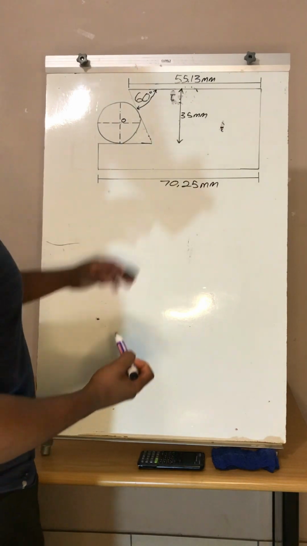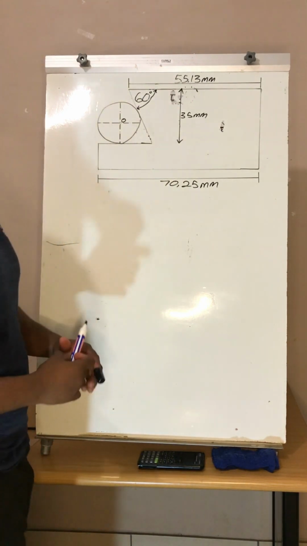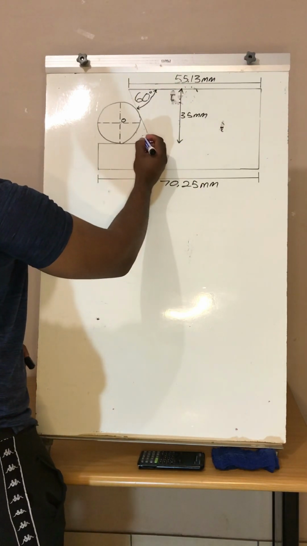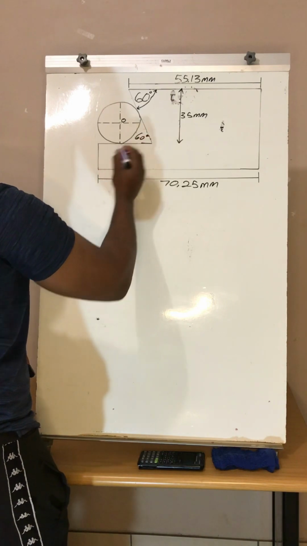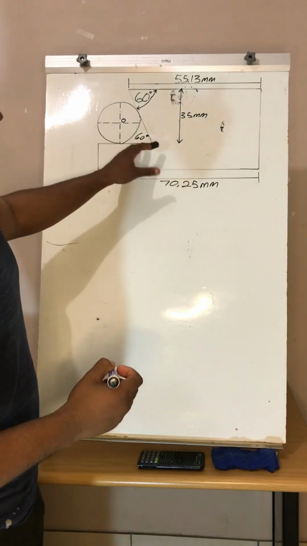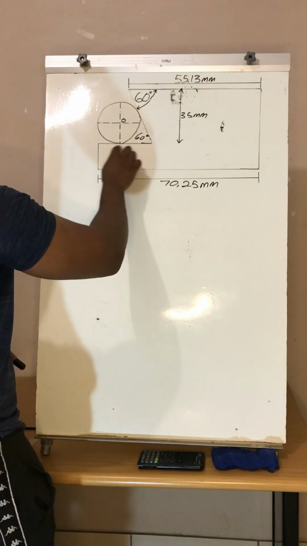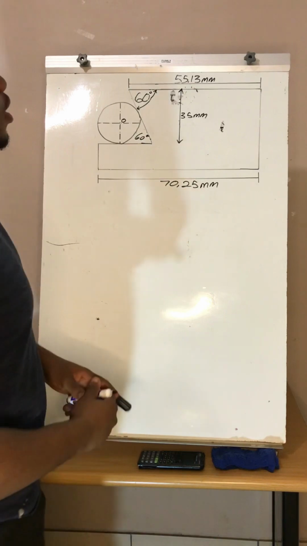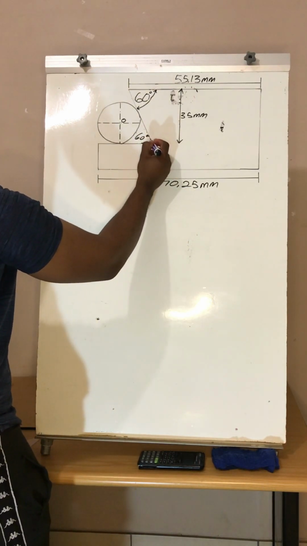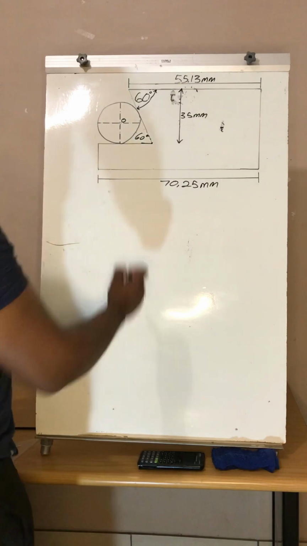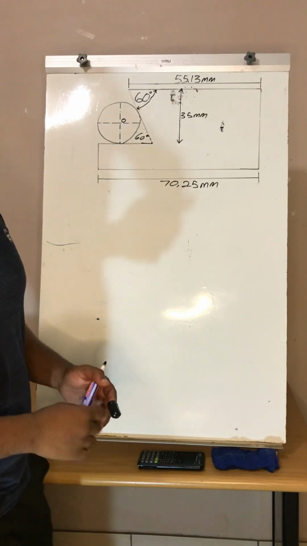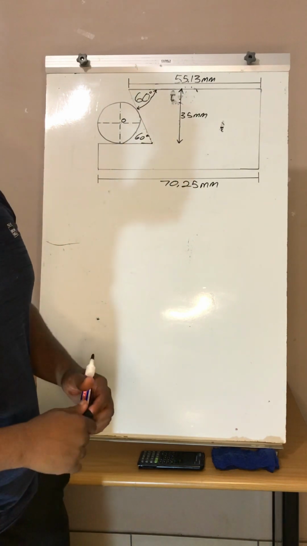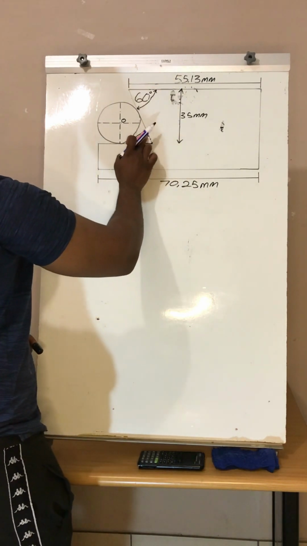Since we know that this and this are the same due to alternating angles, we will say that this is 60 degrees. So knowing that, we know that for two tangents that touch a circle, when you draw a line from the center of the circle to the point where the two tangents join, it splits the angle into two equal parts.